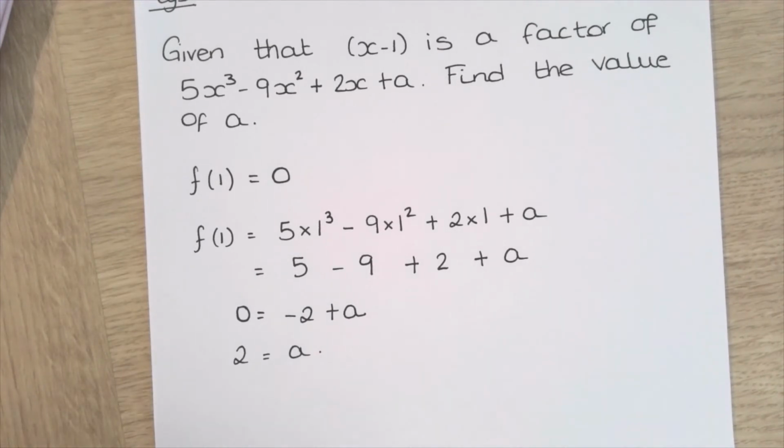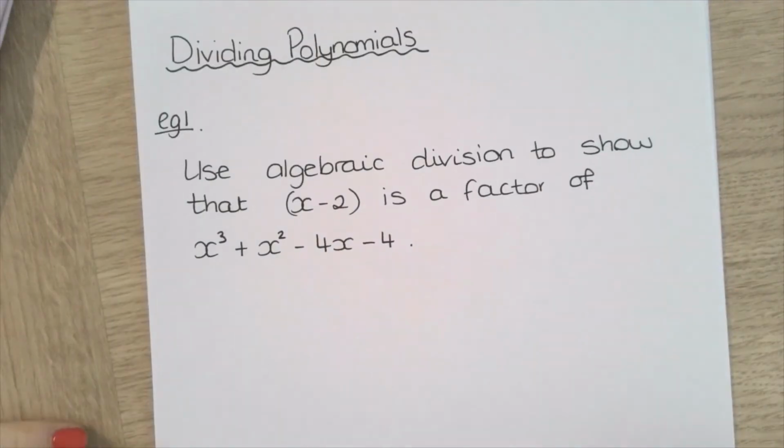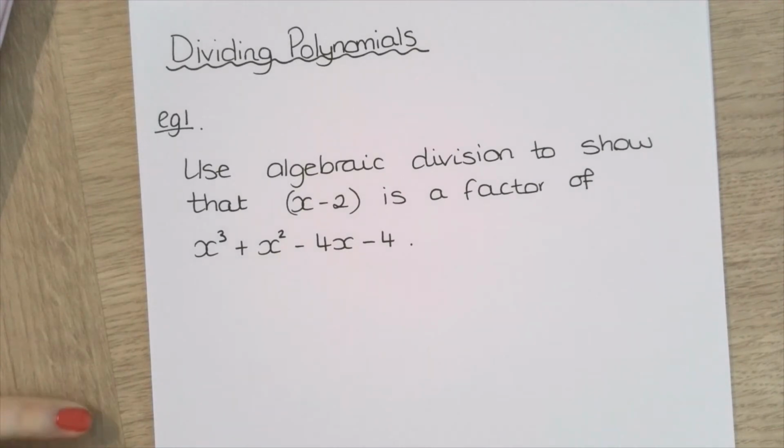Now moving on to dividing polynomials, so dividing these rather than using the factor theorem. So here we go. Use algebraic division to show that x minus 2 is a factor of x cubed plus x squared minus 4x minus 4.